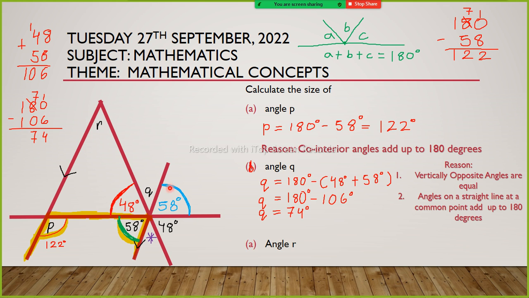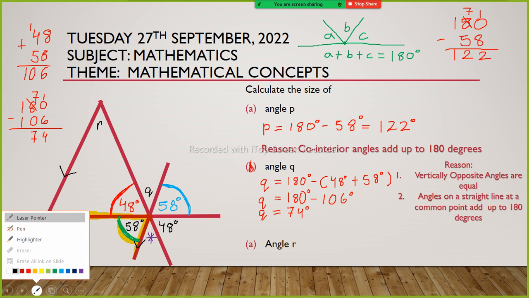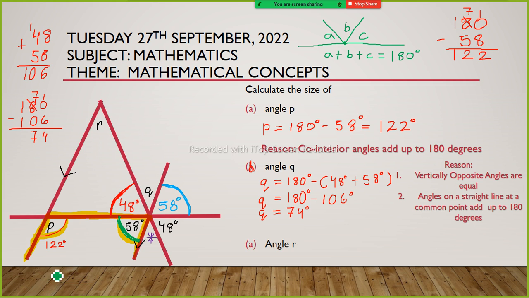So if this is 58 right here, right? With respect to this parallel line, if we really look at it, we have this parallel line right here.